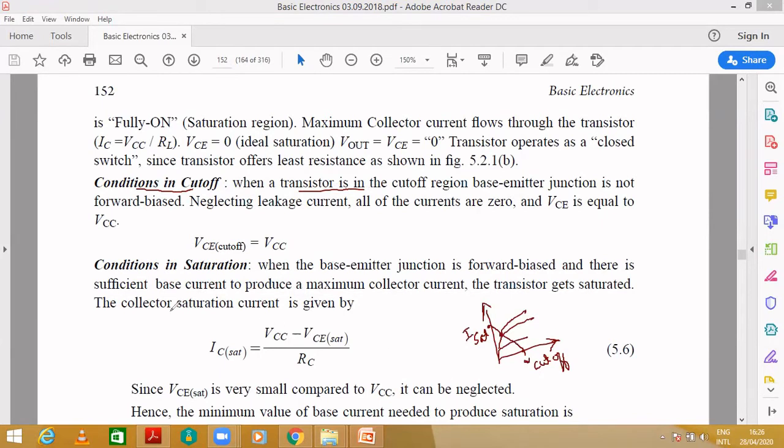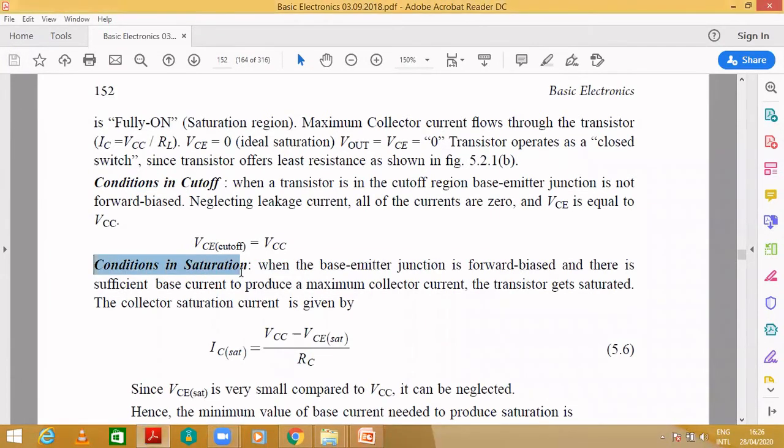Whenever there is 0 volt to the base, as we already discussed, whatever VCC you apply, that is your VCE or that is your V out. This is how you will get this. Next is condition in saturation region. In saturation region, the base emitter junction will be forward biased and the base collector is also forward biased.